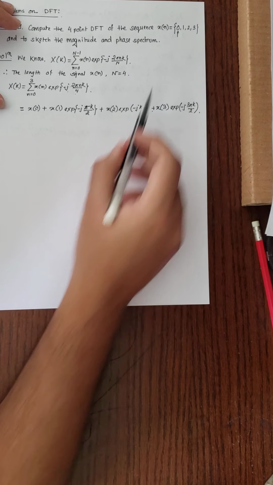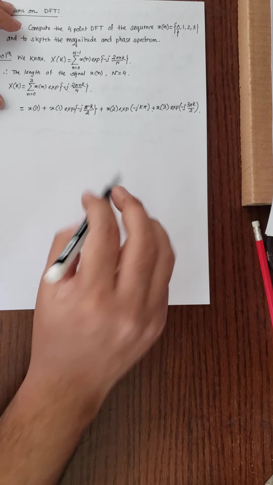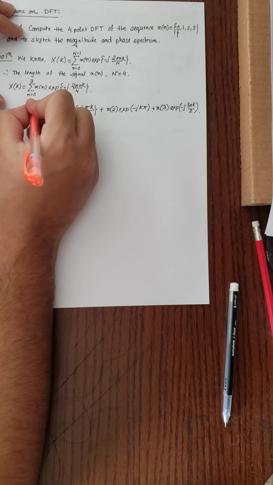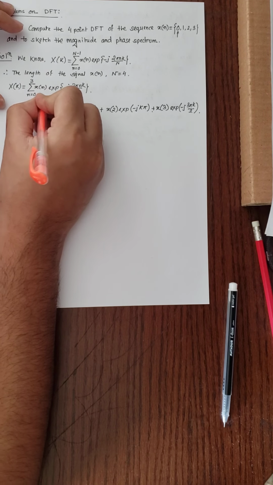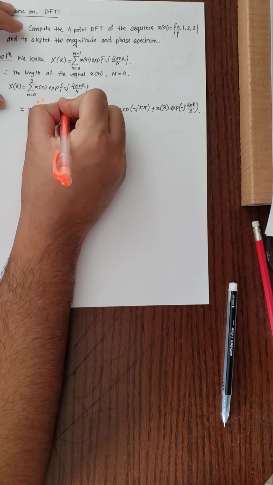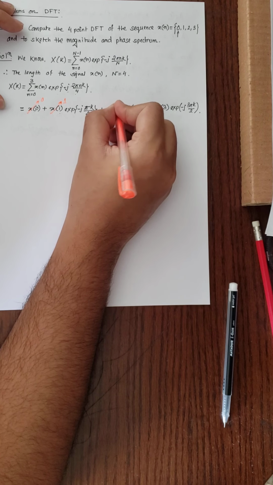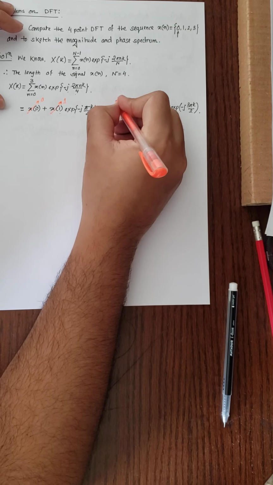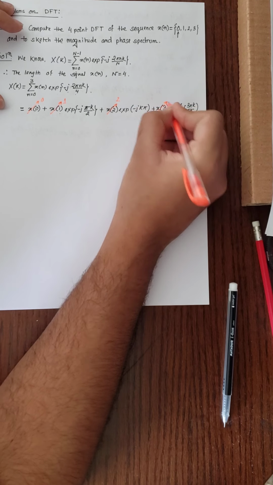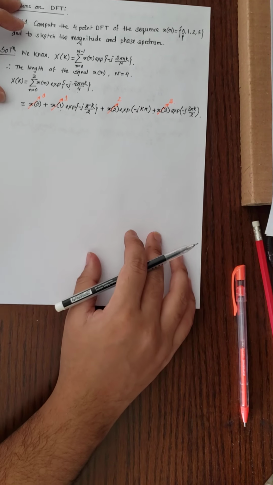Now from the given sequence, we plug in the values: x of 0 is 0, x of 1 is 1, x of 2 is 2, and x of 3 is 3. Fair enough.